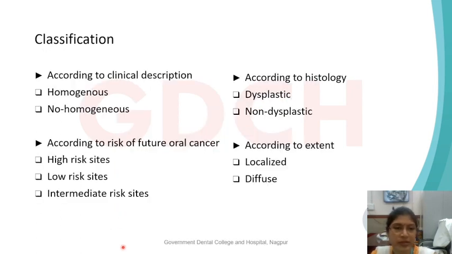Let's see the classification. Classification can be according to the clinical description, according to the risk of future oral cancer, according to histology, and according to the extent. According to the clinical presentation, leukoplakia can be homogeneous or non-homogeneous. According to the risk of future oral cancer, depending on the site involved, it can be a high risk site, low risk site, or intermediate risk site.